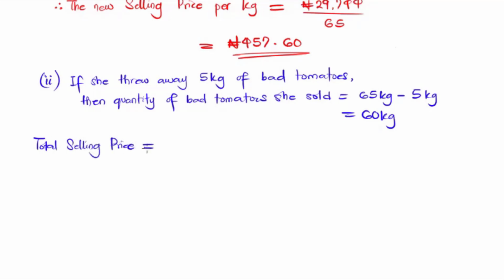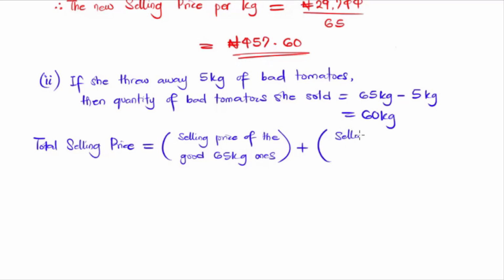Okay, so the total selling price was the price that she sold the good ones. So that will be the selling price of the good 65 kilogram tomatoes, plus, because it was split into half, the selling price for the bad.